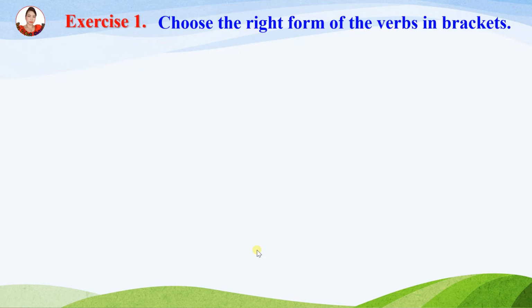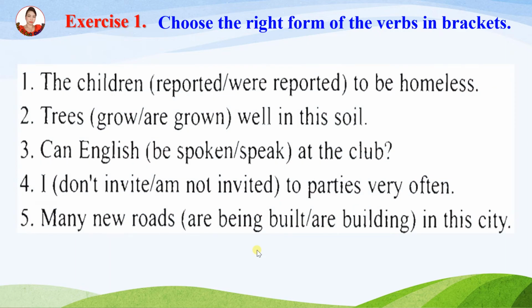Exercise 1. Choose the right form of the verb in brackets. Now, you have 1 minute to read 5 sentences and try to choose the correct form of the verb in brackets.